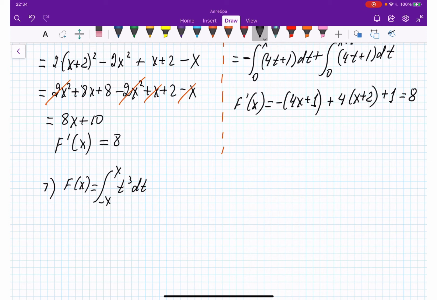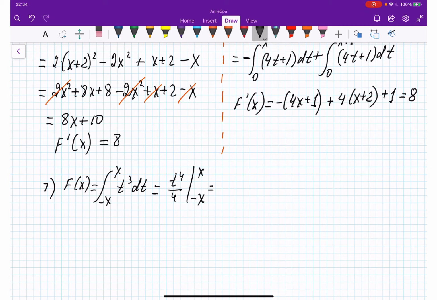Okay, so I have negative x, I have both boundaries, I have a function. So to find the derivative from here, I have to take the integral first, t to the 4 over 4, and plug in the x and negative x boundaries, and this is going to be equal to 0.